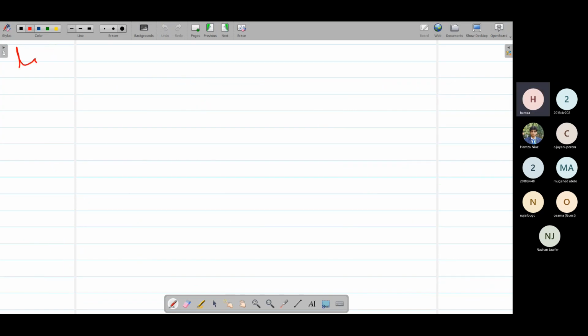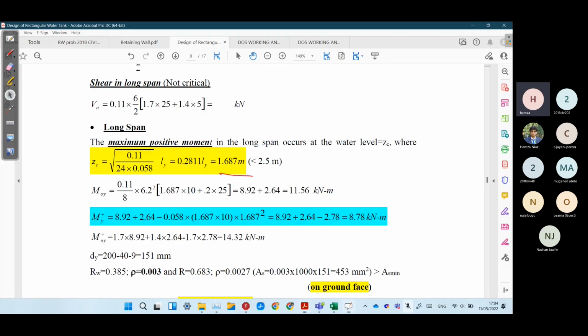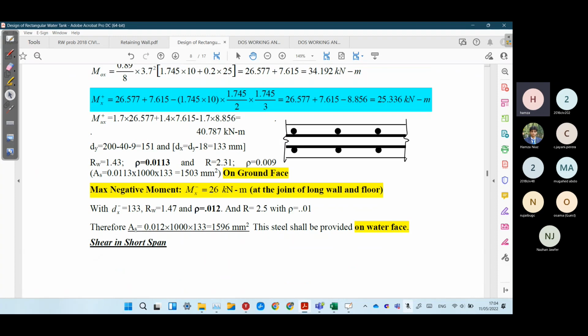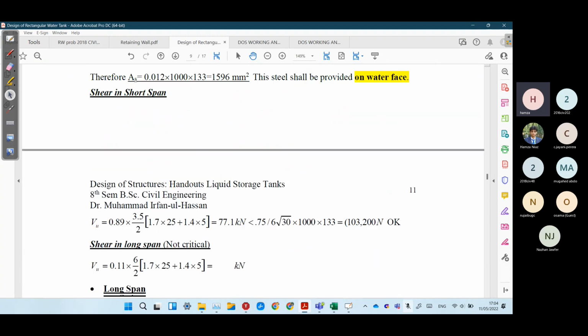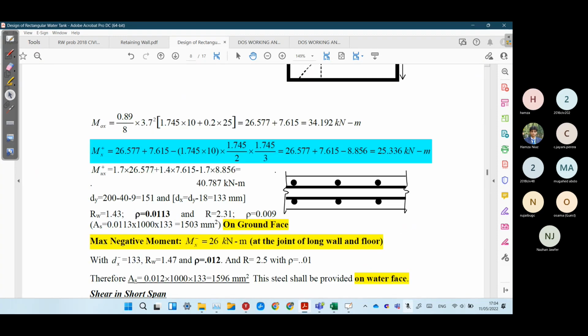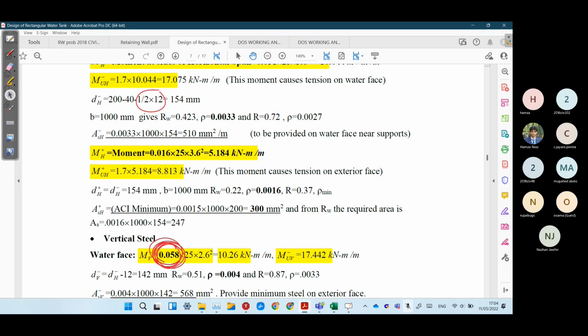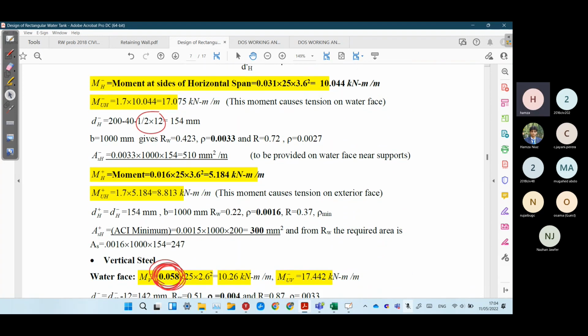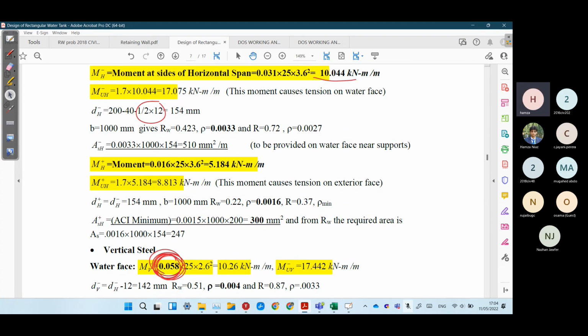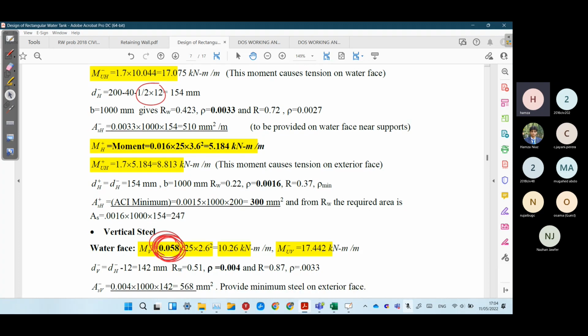Similarly for the negative one, we'll simply use the My negative from the short wall. The short wall had maximum negative moments: MS negative was 10.044 and MV negative was 10.26.